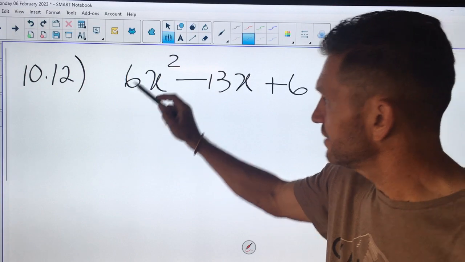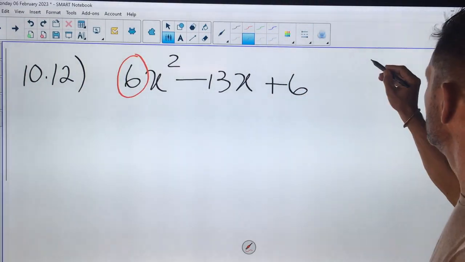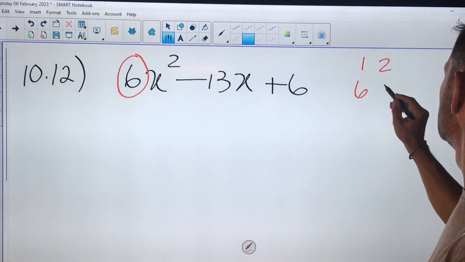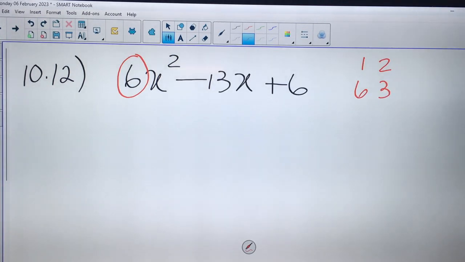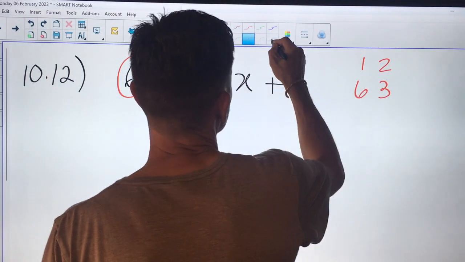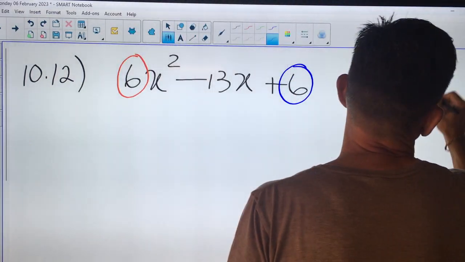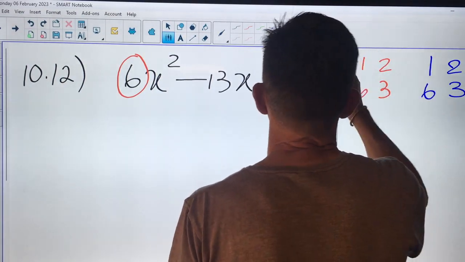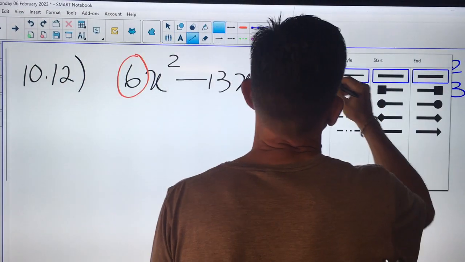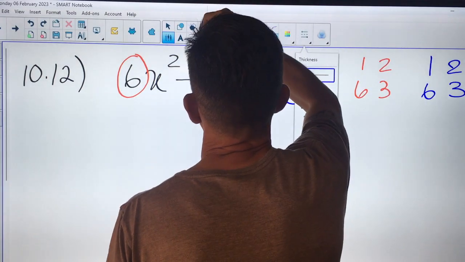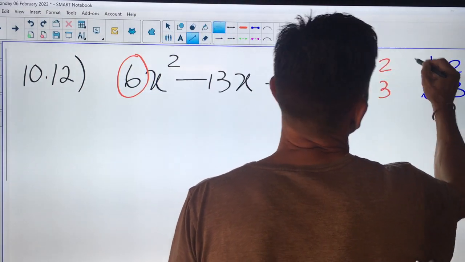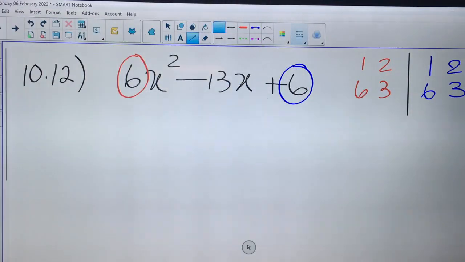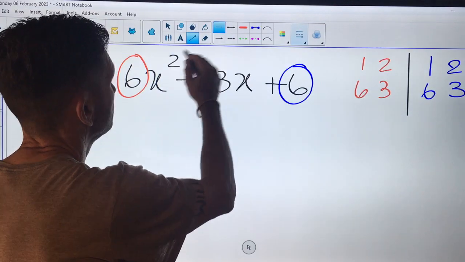We have to check the factors of 6, which is 1, 6, 2, 3. We have to check the factors of the 6 at the back. So that's 1, 6, 2, 3. Okay, so that's our first step, is to get the factors of each number.